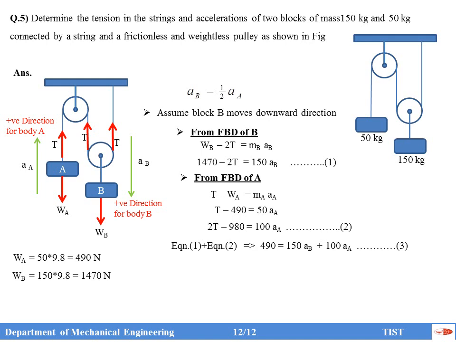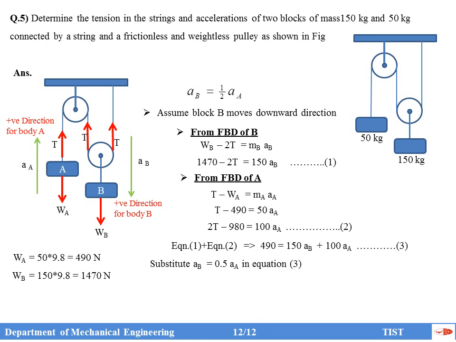So don't forget to put the suffix: for the acceleration of block B the suffix is B, and for the acceleration of block A the suffix is A. If you forget to put the suffixes A and B, you will make a mistake: 150a plus 100a is 250a, and you will get a value of a, but it will be wrong.